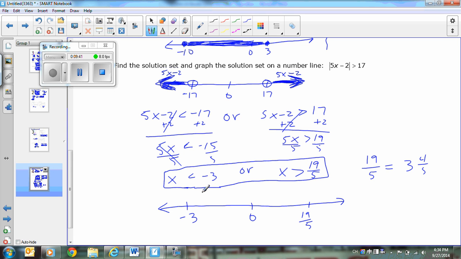So on our solution number line, we're going to put an open circle on -3, and then shade everything that lies to the left of -3, and then an open circle on positive 19/5 and shade everything that lies to the right.